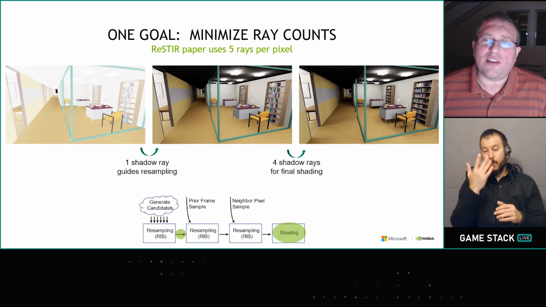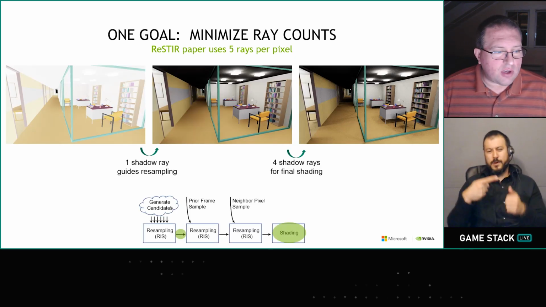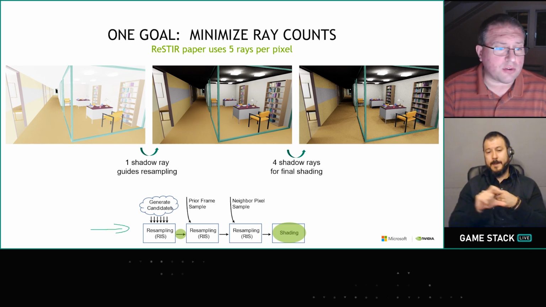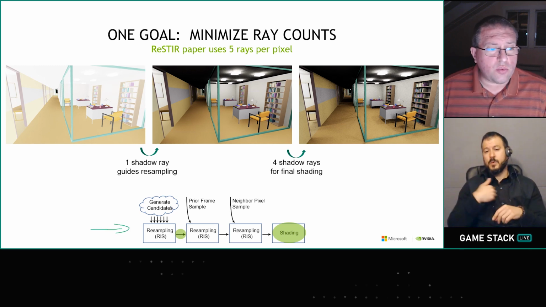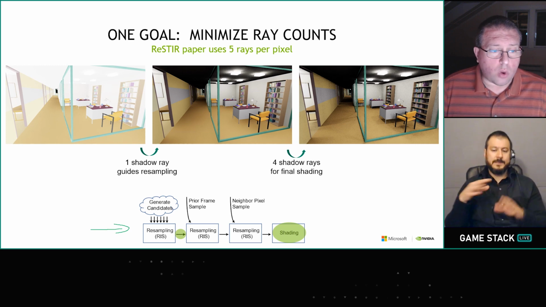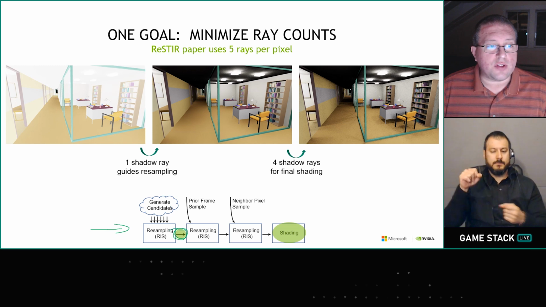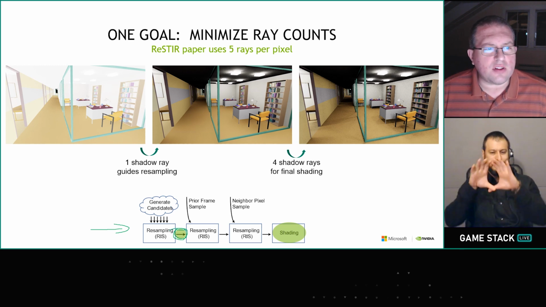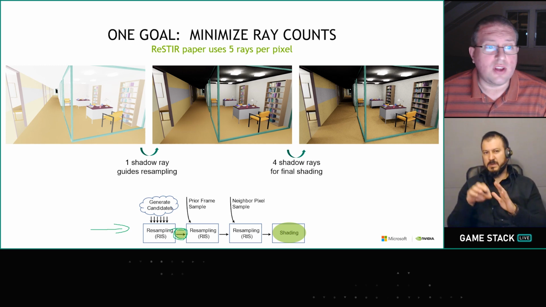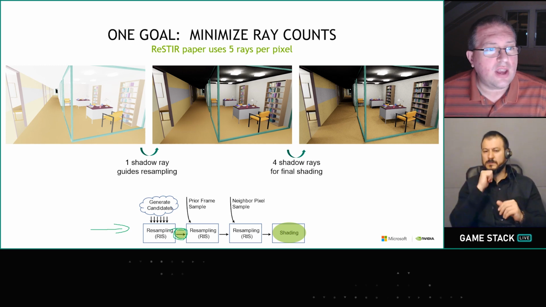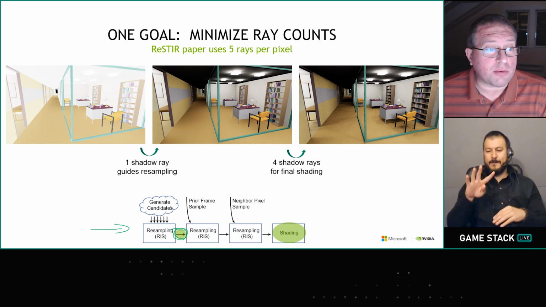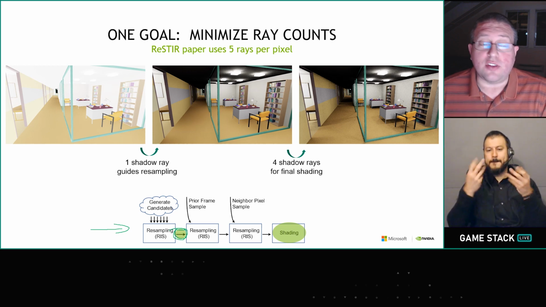So why did we have 5 rays per pixel? Well, if you go down here to this pipeline, the ReSTIR pipeline, what we did is we generated some candidates, we picked one, and then we shot a shadow ray here. And the reason to do this can be seen in this scene up here. This is a fairly simple scene, Soda Hall. There's no interesting materials, but it is a 6-floor building with about 40 rooms per floor and multiple lights in each room.